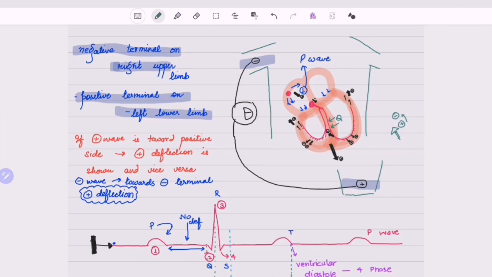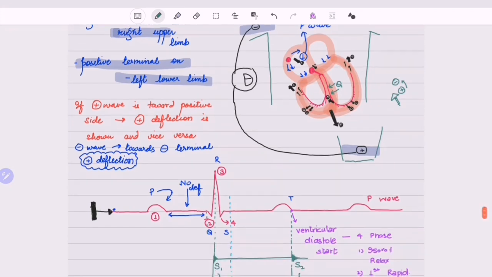Now further on, the wave reaches the ventricles by the Purkinje fibers. As Purkinje fibers are fast conducting, the contraction is stronger and moves fast, which is represented by the R wave, having a stronger positive vector towards the positive terminal of the galvanometer, showing a positive deflection by the R wave.